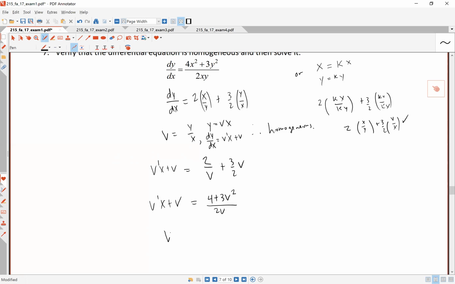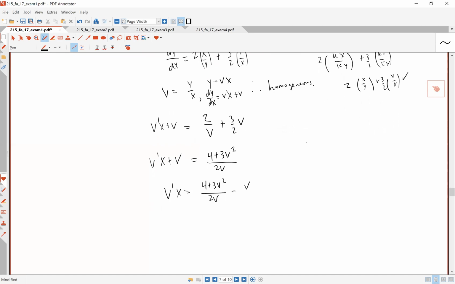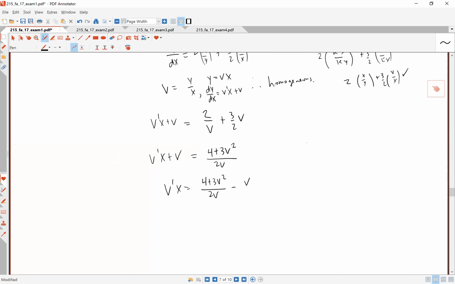We have v prime x equals 4 plus 3v squared over 2v minus v, where that's 2v squared over 2v.